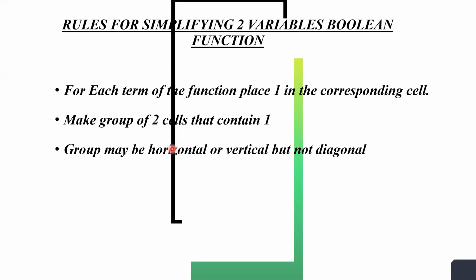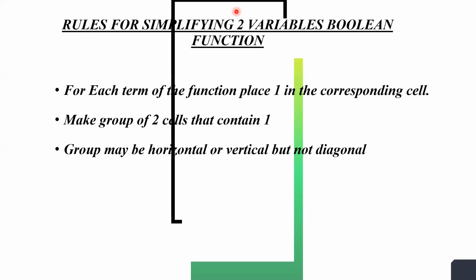Read the rules. Now you will understand; keep those tables in front of you. For each term of the function, place 1 in the corresponding cell. Clear? Make group of 2 cells that contain 1.